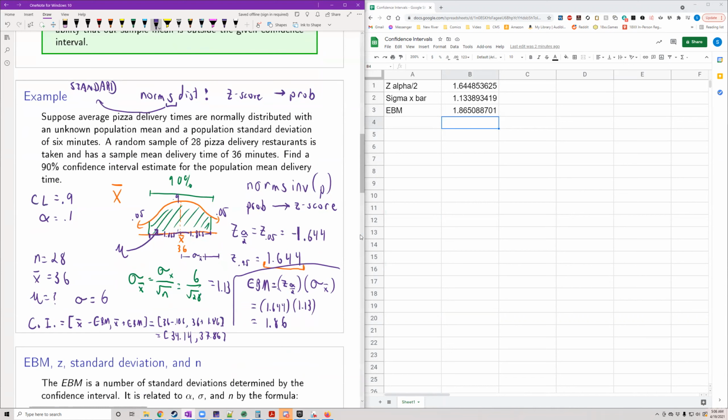What does this mean? We can interpret this. We are 90% confident that the true mean delivery time is between about 34 and 38 minutes, rounding there for the final answer.